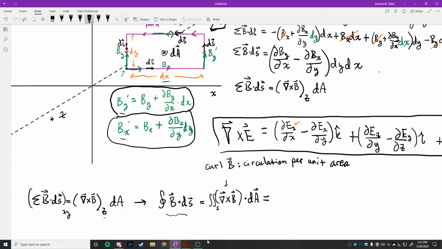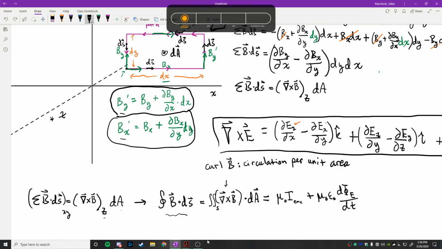Now, the next thing I want to do is think about what this is equal to. I had said above that the integral of b dot ds, that we derived, was equal to mu naught multiplied by current enclosed, where we talk about conduction current, plus mu naught epsilon naught multiplied by the time rate of change of electric flux. Basically, conduction current plus displacement current.